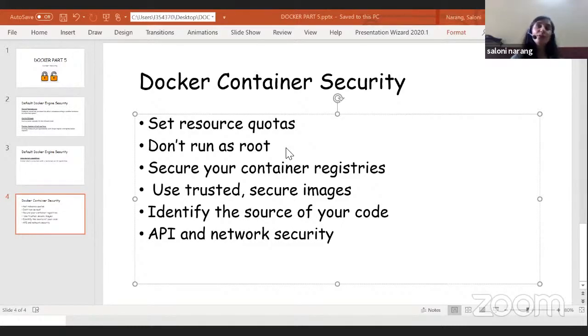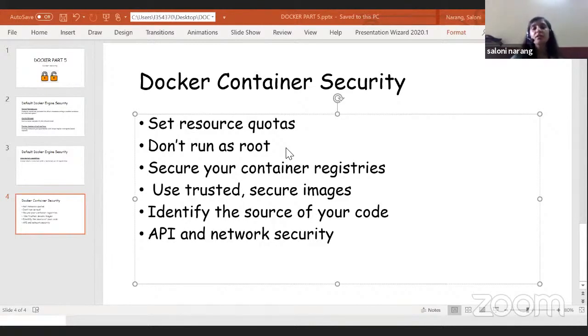This may seem very obvious, but given that there are so many publicly available container images that can be downloaded quickly, it can be easy to pull an image accidentally from a source that is not verified or trusted.